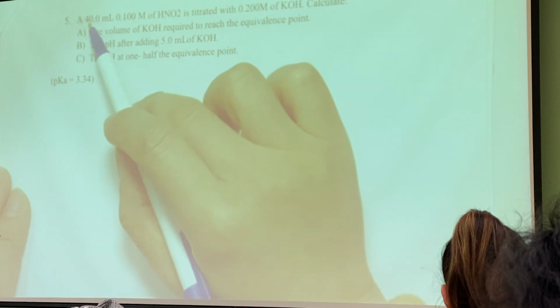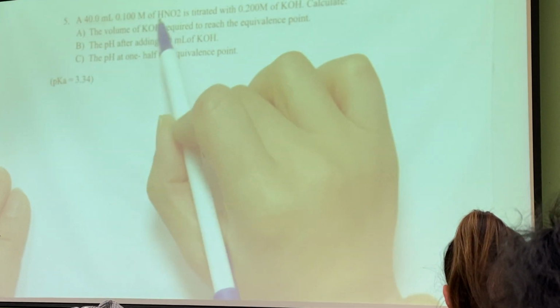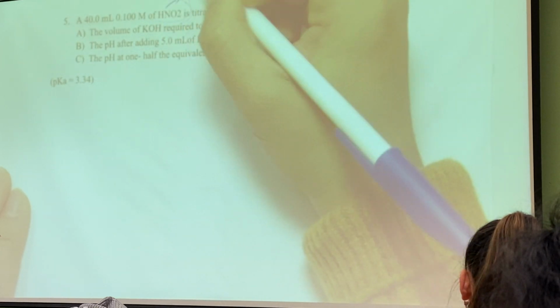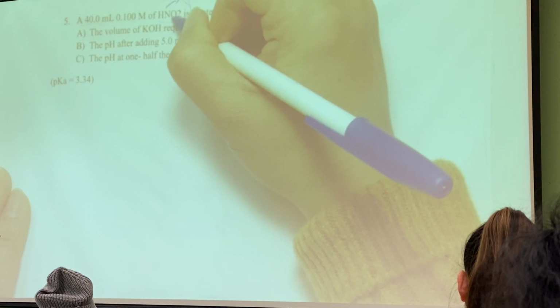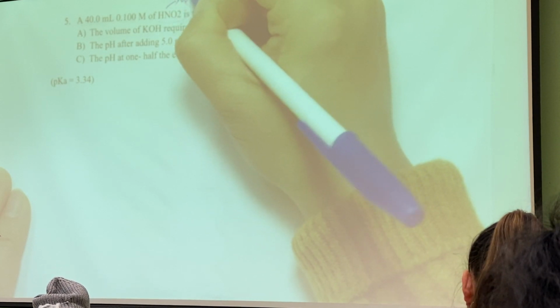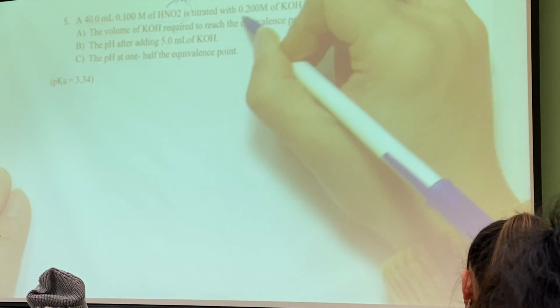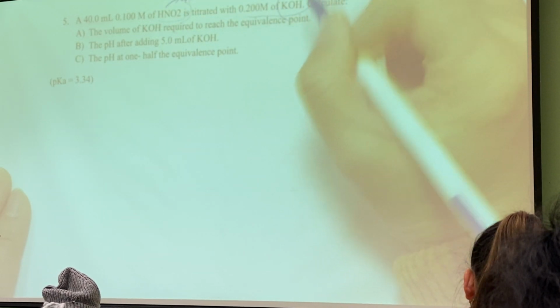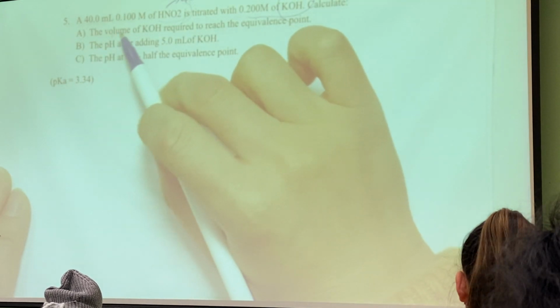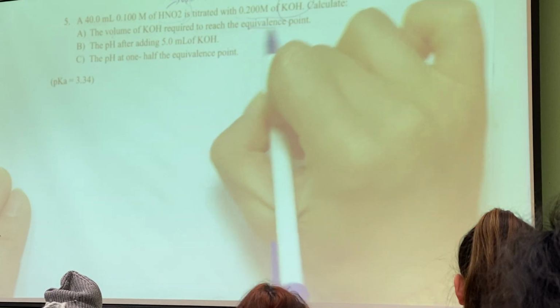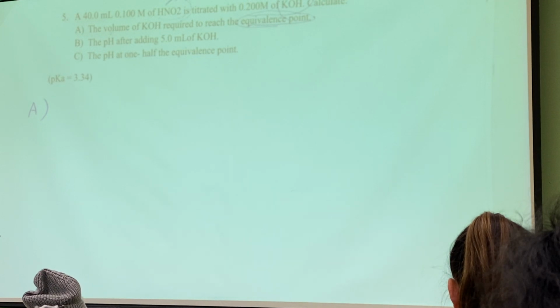You're given 40 milliliters of 0.1 molar nitrous acid. Is it a weak acid or a strong one? It's weak, right? Because HNO3 is strong, HNO2 is weak. And it's titrated with a strong base. Calculate the volume of potassium hydroxide required to reach the equivalence point. What happens at the equivalence point?